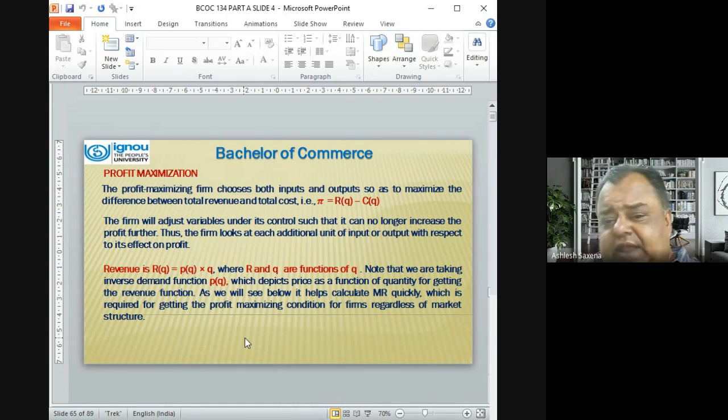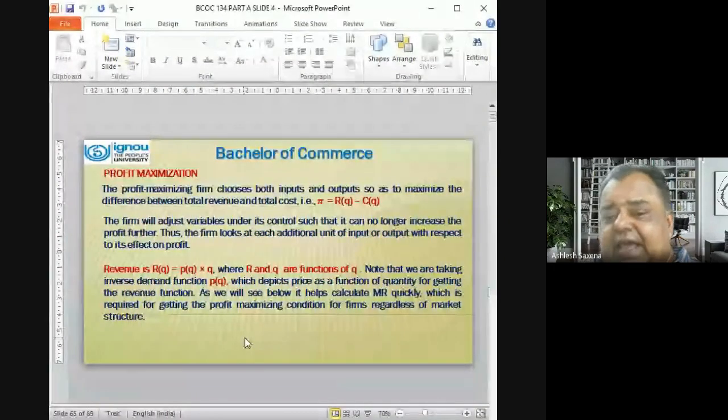Note that we are taking the inverse demand function, P of Q, which depicts price as a function of quantity for getting the revenue. As we will see below, it helps to calculate MR quickly, which is required for getting the profit maximizing condition for firms regardless of market structure.